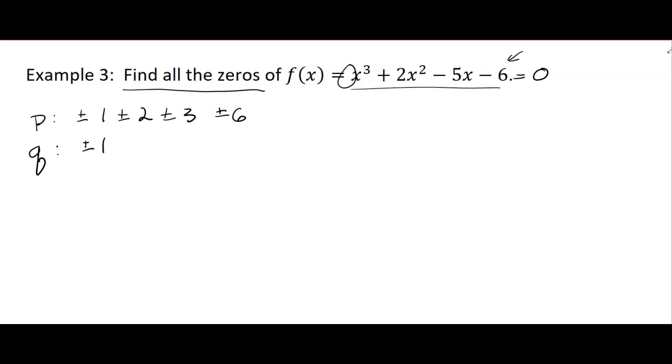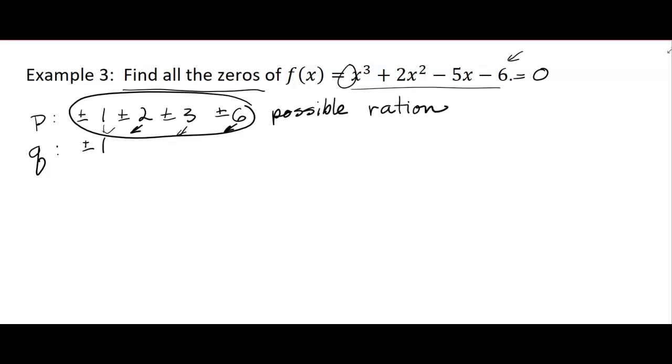Because you're putting these all over 1, this is just going to be the possibles. So there are 8 possible zeros, plus or minus 1, plus or minus 2, plus or minus 3, and plus or minus 6. Those are the possible rational zeros.